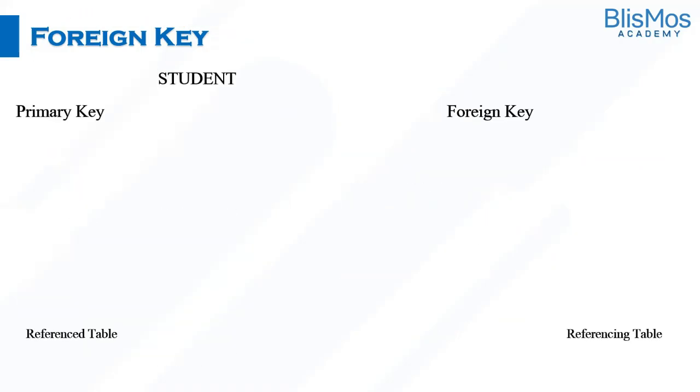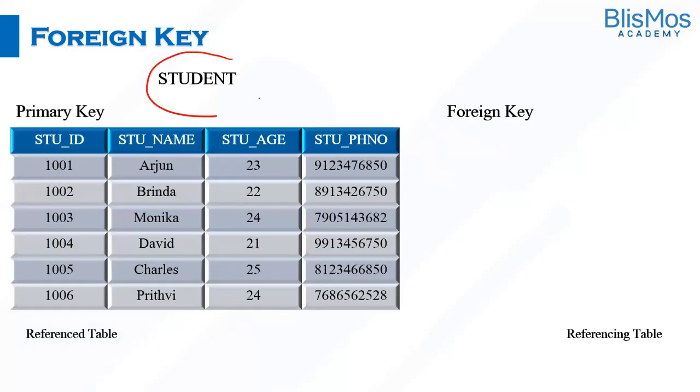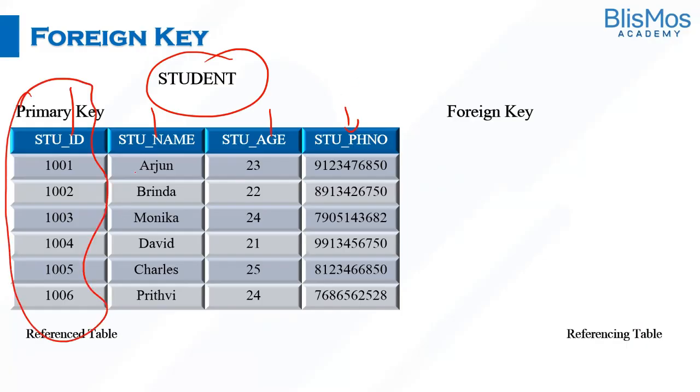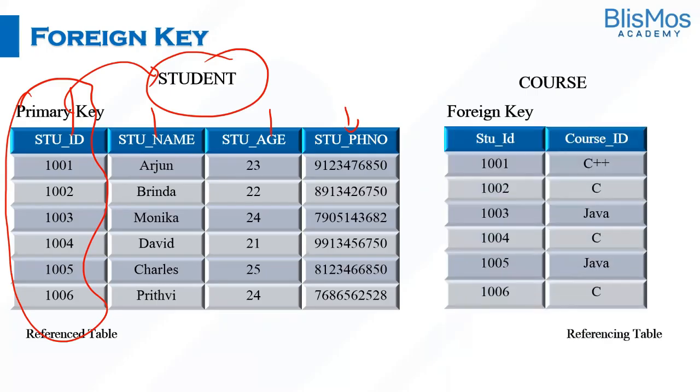So we have a student table. The student table has student ID, student name, student age, and student phone number. As we already understood, each table needs to have a primary key, right? Student ID is the primary key of our student table. If you take a table called course, we do have courses here.